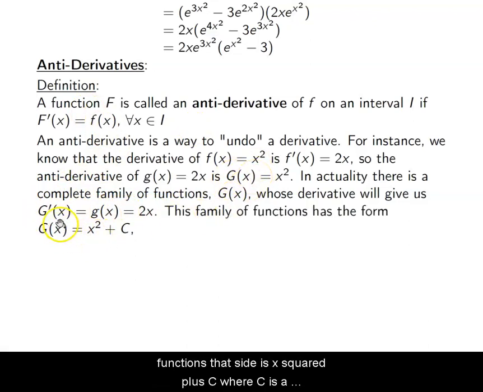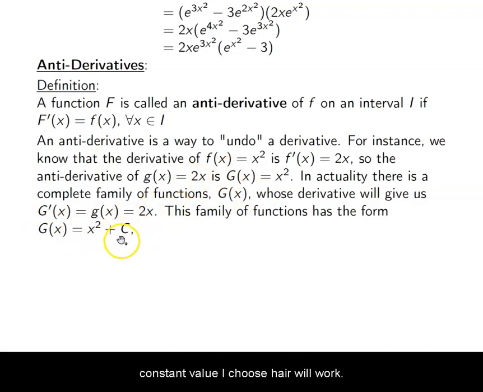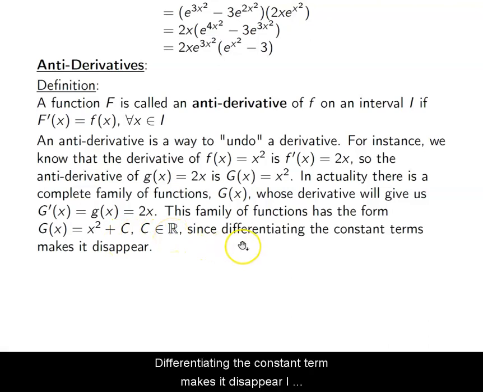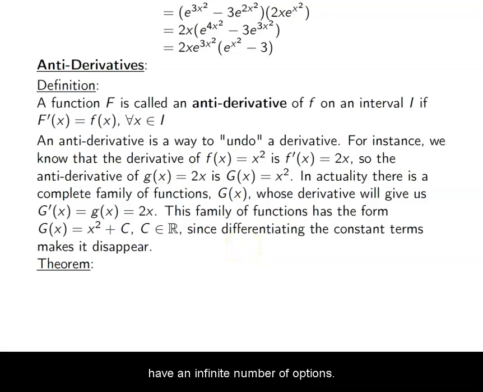Any function of the form x squared plus c, where c is a constant, will get me 2x, right? So there's an infinite number of antiderivatives for 2x. Any constant value I choose here will work. C has to be a real number. Since differentiating the constant term makes it disappear, I have an infinite number of options.